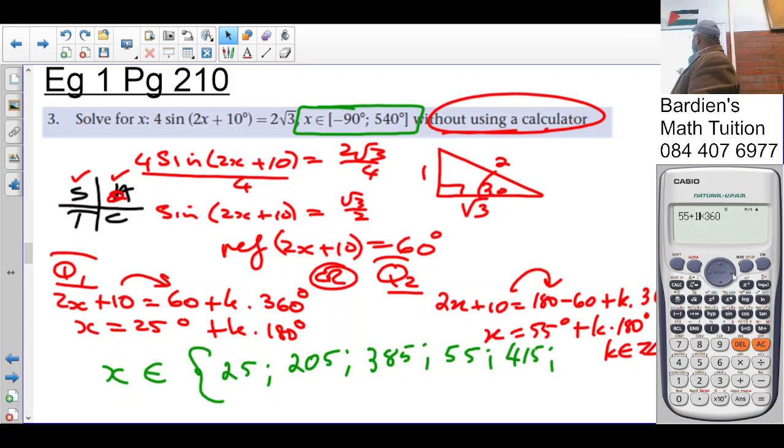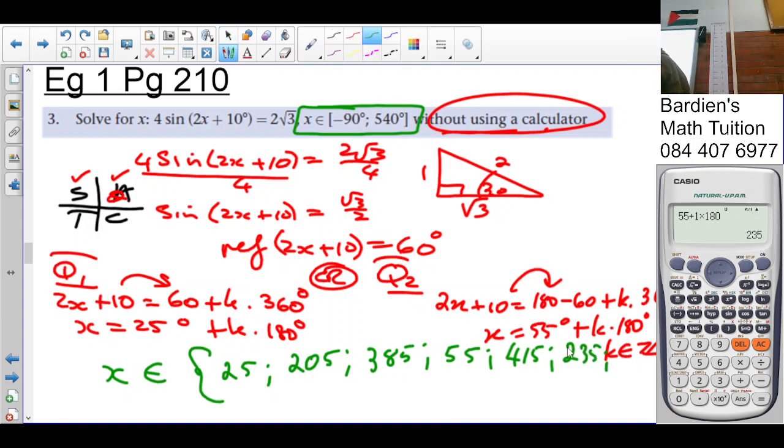Put 2, 415 is inside. Put 3, outside. Now minus 1: negative 125, which is also outside. So that is my solution set.